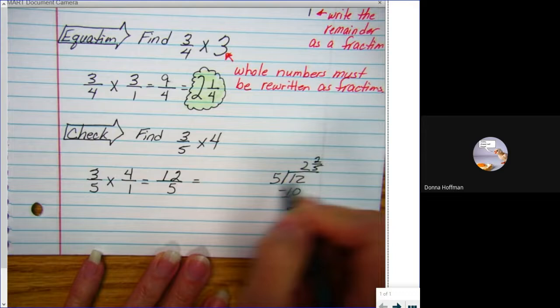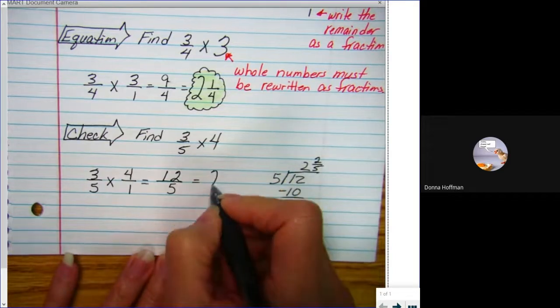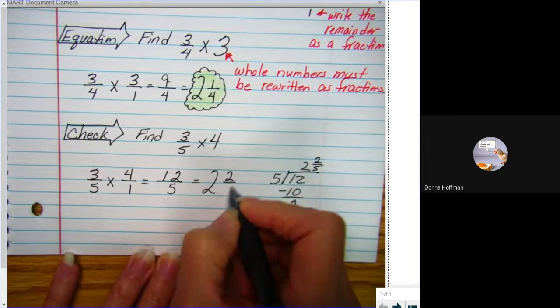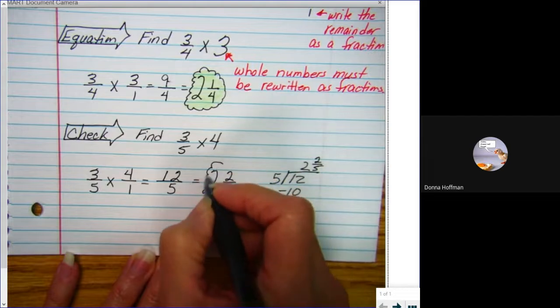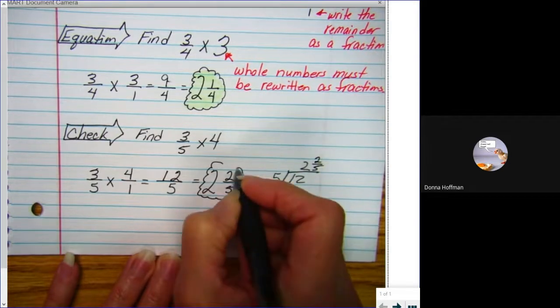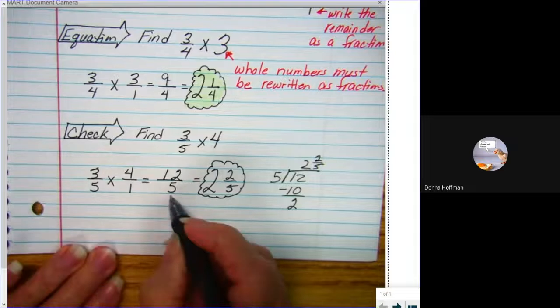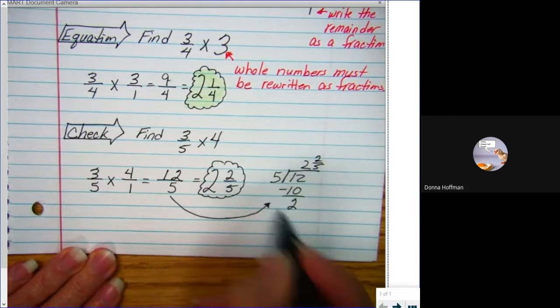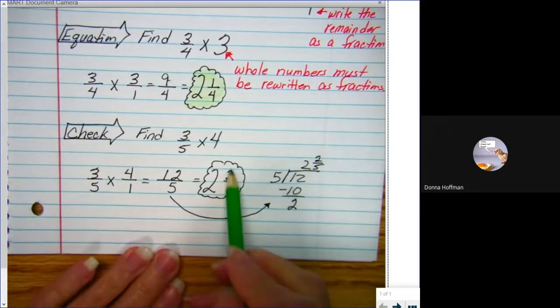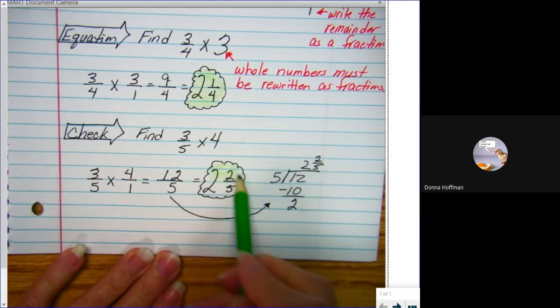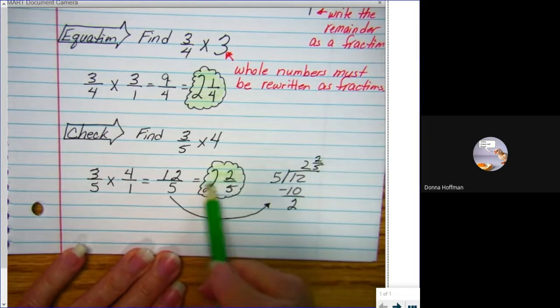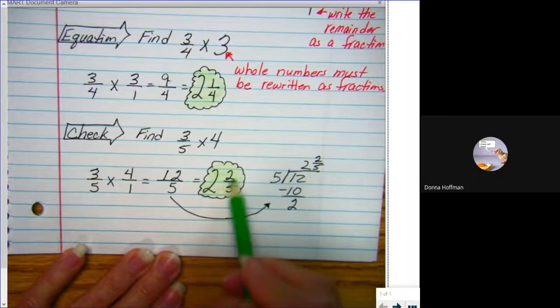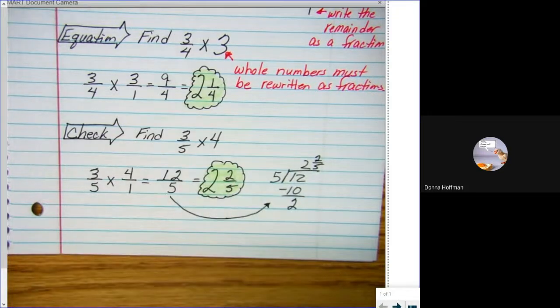Your divisor is always your denominator. And your final answer is 2 wholes and 2 pieces left over when it takes 5 pieces to make a whole. So 2 2/5 is your final answer.